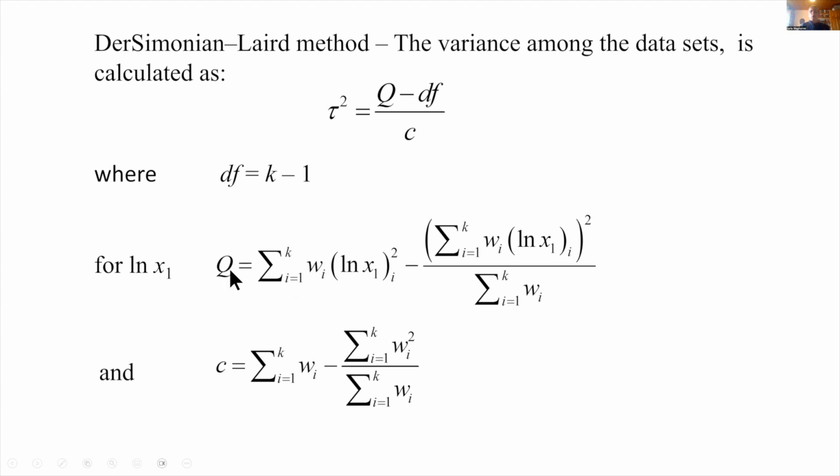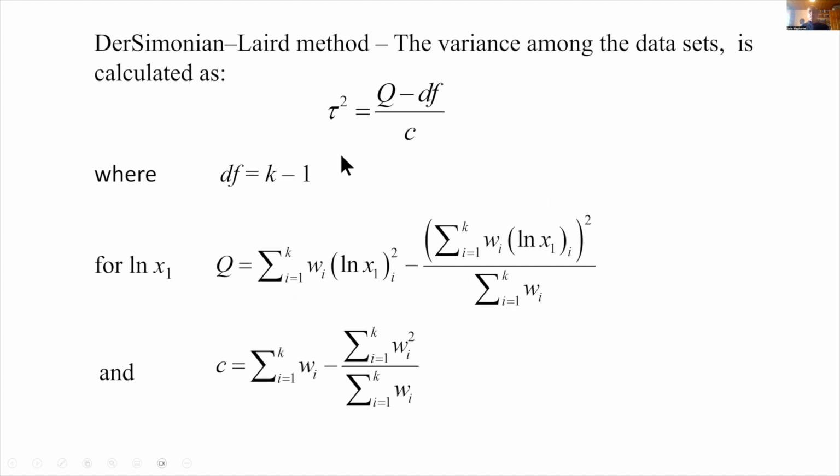If we look at Q, it contains the experimental data, in our case, the log X values, but these could be enthalpies of solution. They could be equilibrium constants, rate constants, whatever they are, multiplied by the weightings. And then we have the sum of the weighting times the experimental value squared, all divided by the sum of the weightings.